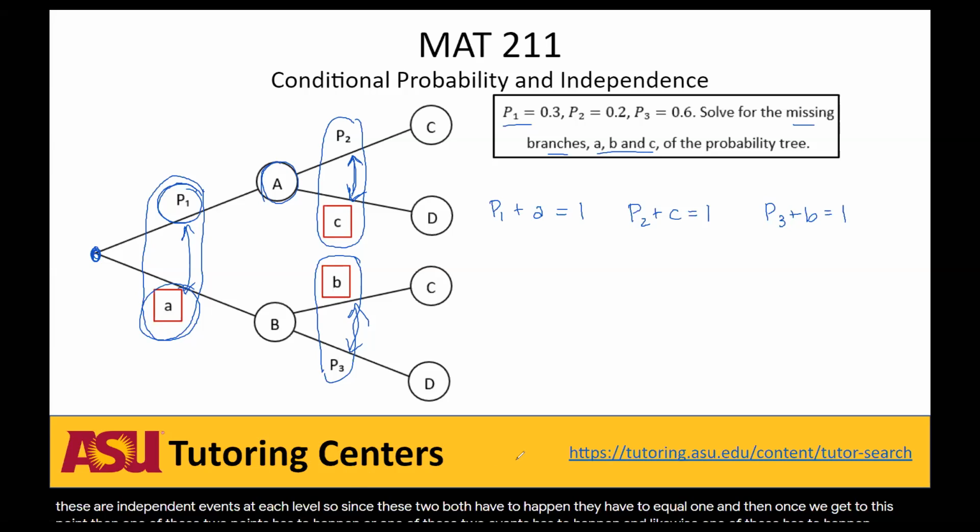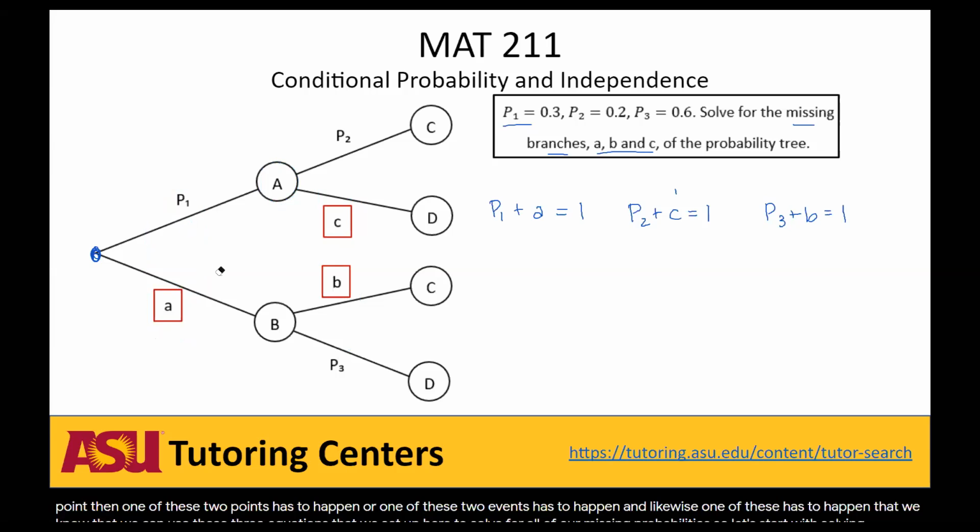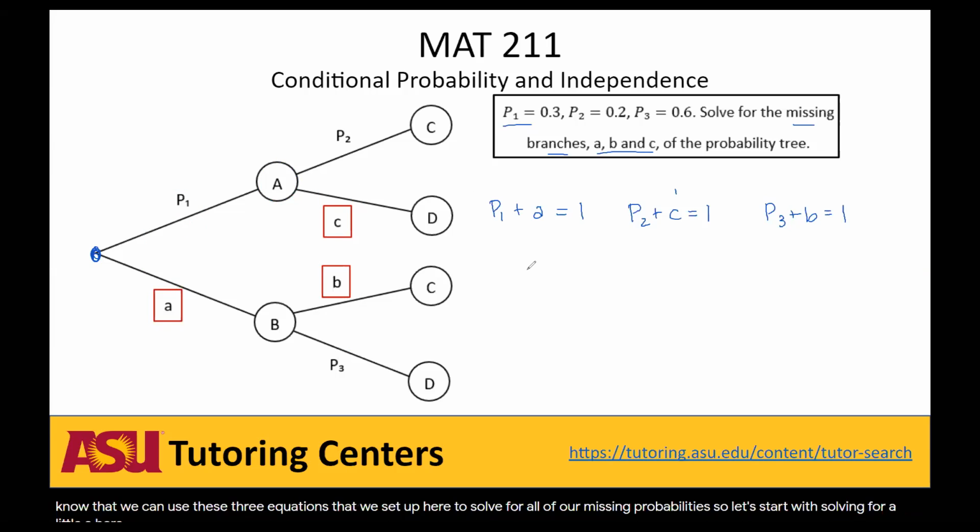So now that we know that, we can use these three equations that we set up to solve for all of our missing probabilities. Let's start with solving for A. We know that P1 is 0.3, so 0.3 plus A equals 1. If we subtract 0.3 from both sides, we get A equals 0.7.